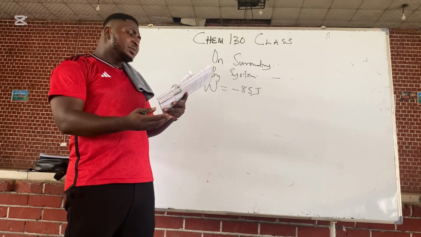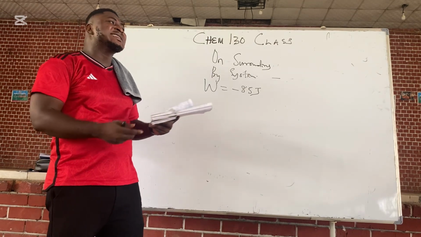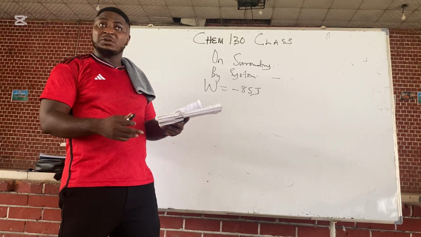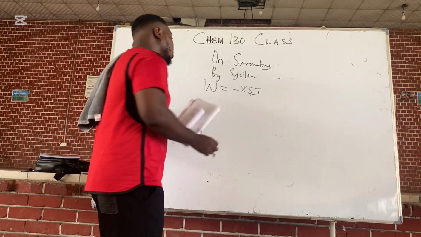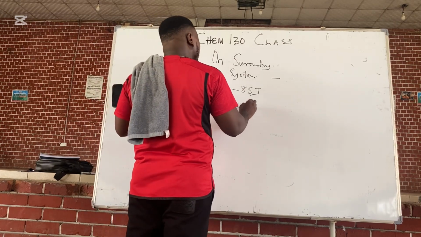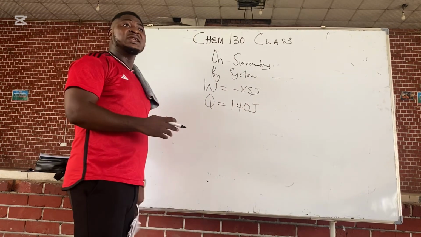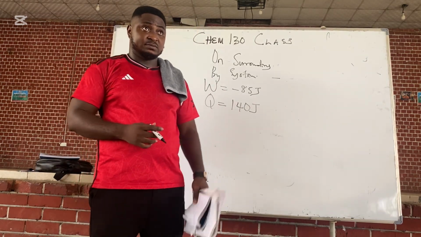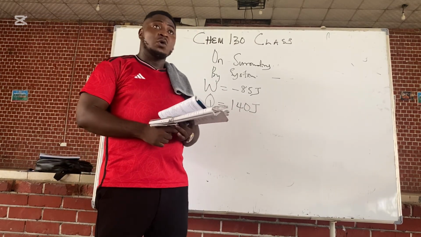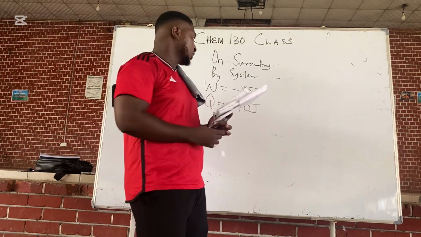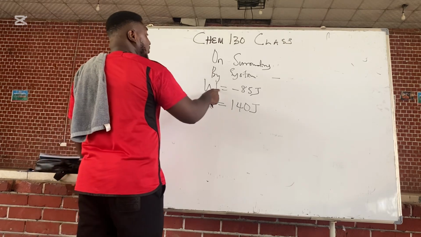But the system absorbs 140 joules of heat. When it is absorbed, it means it is gained, and when it is gained, Q is positive. Class, another way of saying it is gained is to say it is absorbed. So my Q this time around is positive, and my W is negative.